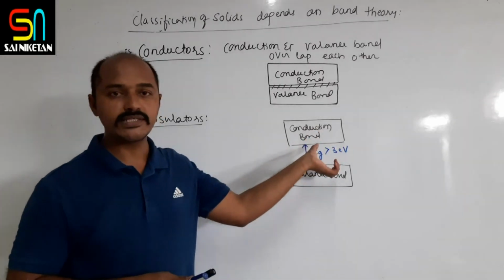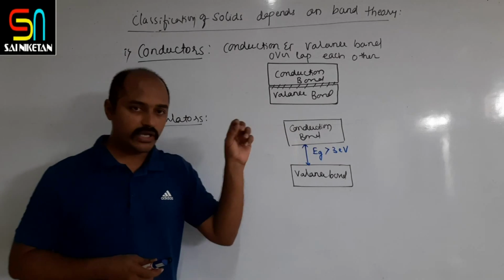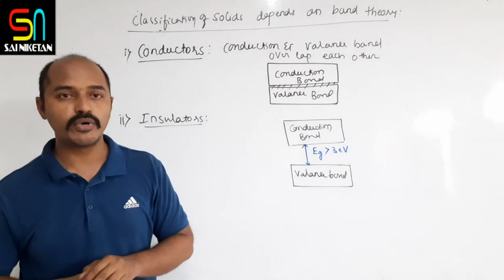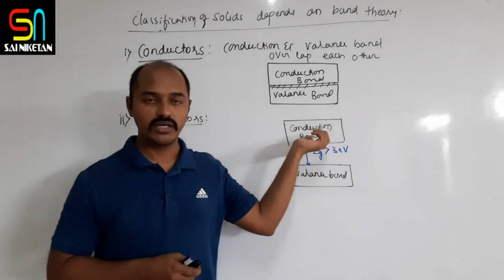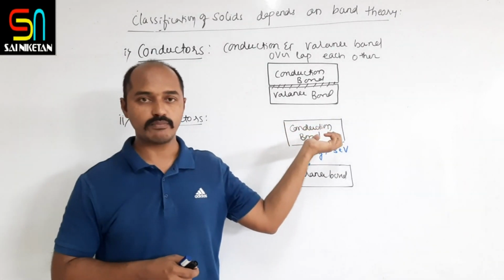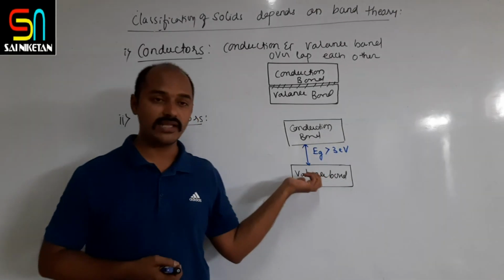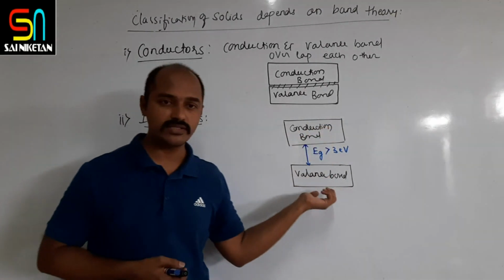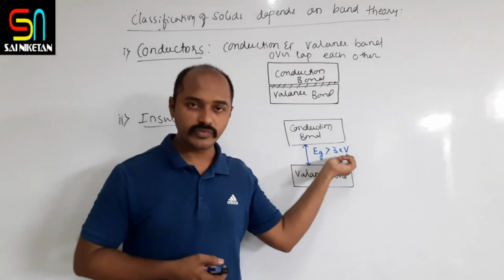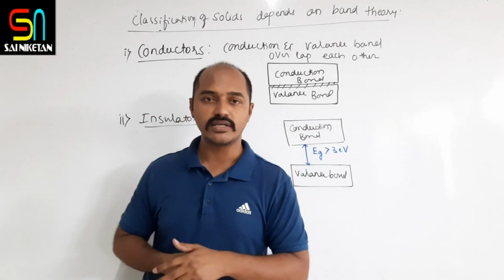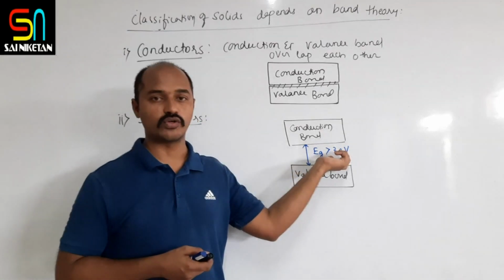If the energy gap between the conduction band and the valence band is more than 3 electron volt, such solids are called insulators. The energy gap must be more than 3 electron volt.